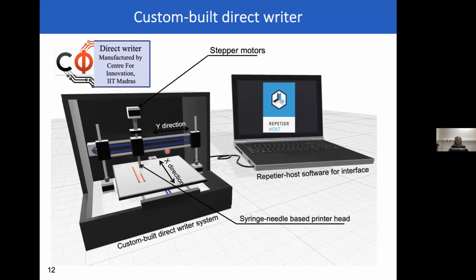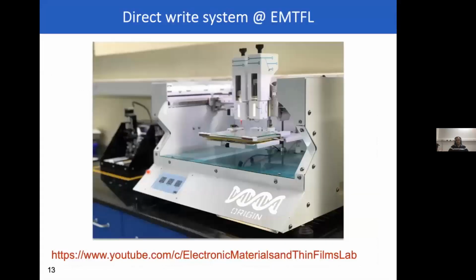This assembly can move in the perpendicular direction to the substrate, so let's call this the Y direction. And I can dispense the ink wherever I want, depending upon whatever pattern I have. This pattern is digital, so it's fed in through the computer.